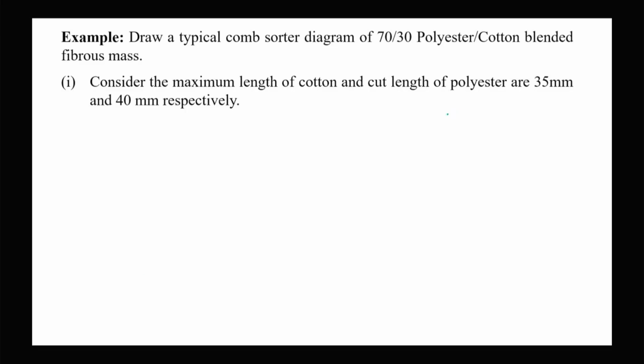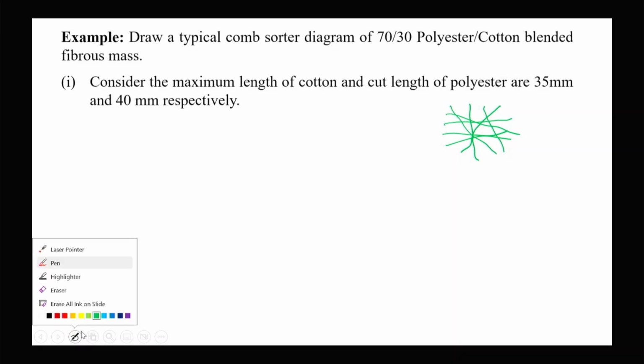So, let us try to draw. These are the polyester fibers, all 40 mm length, and the cotton is shown in purple color with the maximum length of 35 mm. This is a mixture.